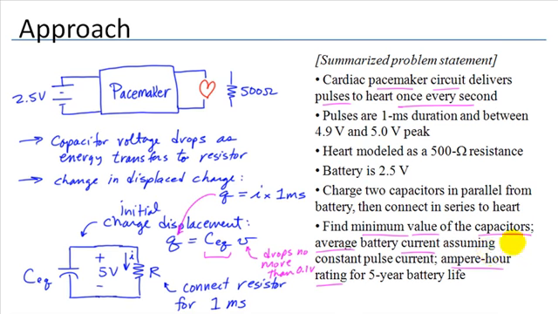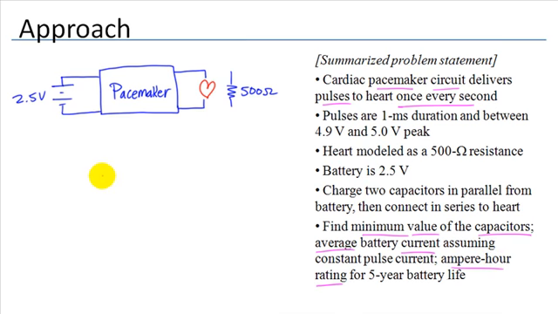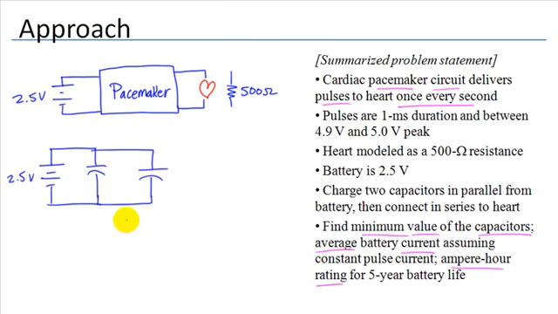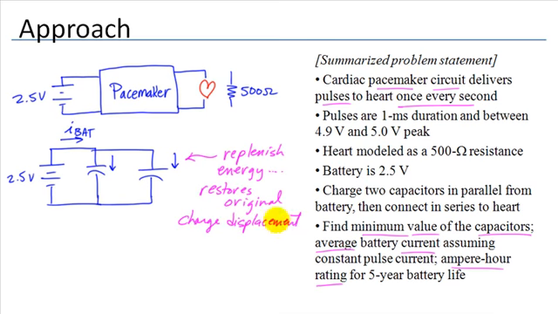Now let's think about the average battery current. During the charging phase, the capacitors are disconnected from the heart and then reconnected back to the battery in parallel. We need to replenish the energy for each capacitor, and that will restore the original charge displacement.